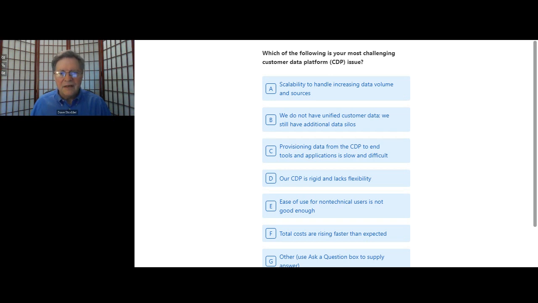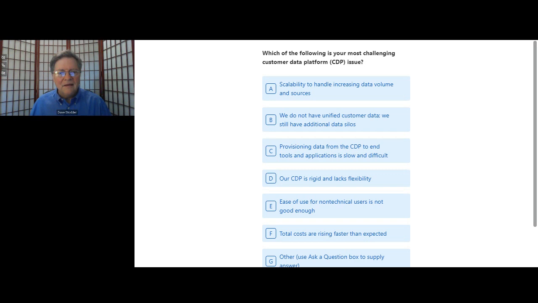Third is provisioning data from the CDP to end tools and applications is slow and difficult. So that's a problem that we'll talk about in terms of activation of that data. That's the third issue. Fourth is our CDP is rigid and lacks flexibility. So you've got lots of changes that are happening, lots more data, different models, but it's too rigid and inflexible.